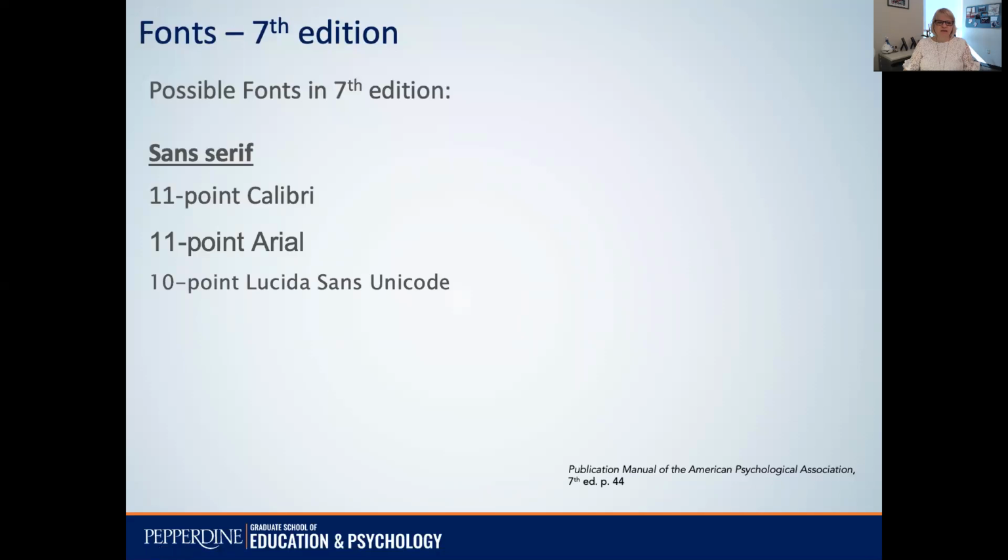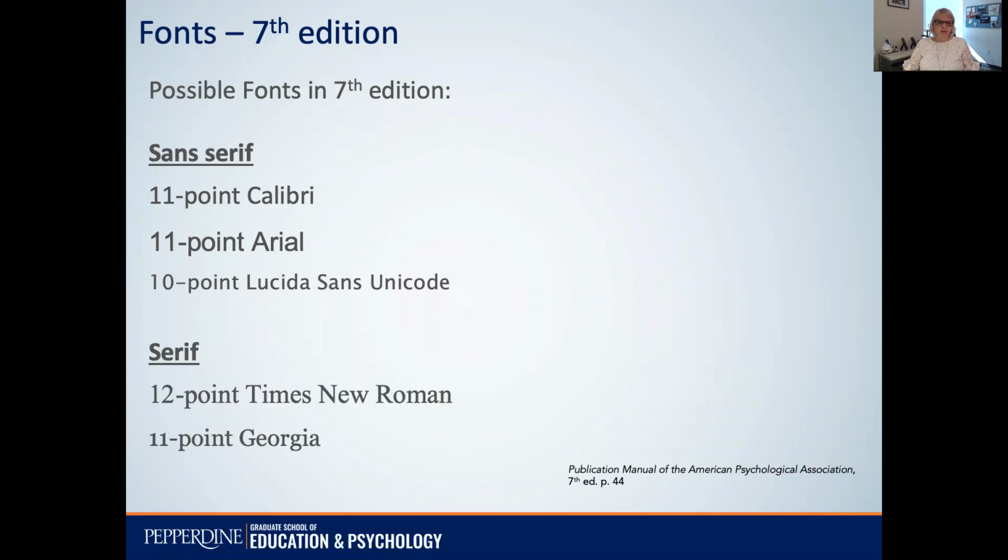Then for the 7th edition, there is more flexibility in terms of fonts. I know a lot of you are used to using 12-point Times New Roman, but there are actually some different options in the 7th edition. You can use a sans serif font, which would be one of these three, and I tried to show how they look different.